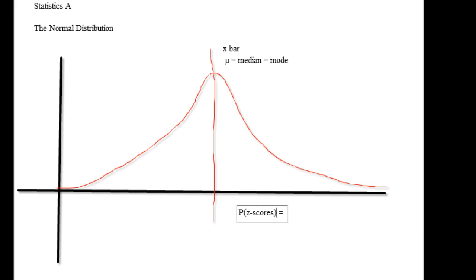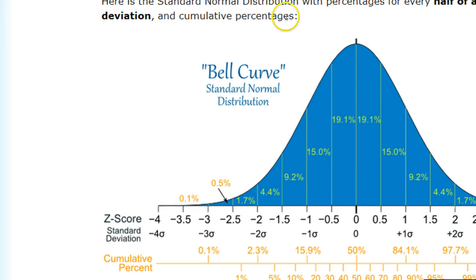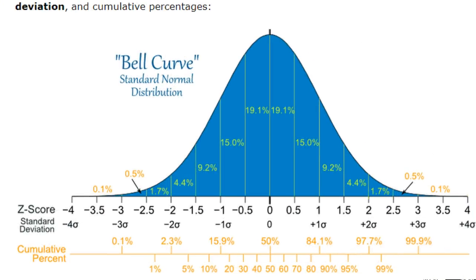And if you go to mathisfun.com, this is a really great table right here that uses everything. The z-scores are these numbers right here, and they usually tell you the standard deviation. So if they say a z-score of 1, that's 1 standard deviation above the mean. If they say a z-score of negative 2.5, that's 2.5 standard deviations below. And you would just count the information to the left.